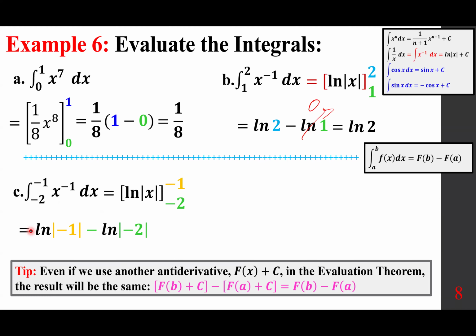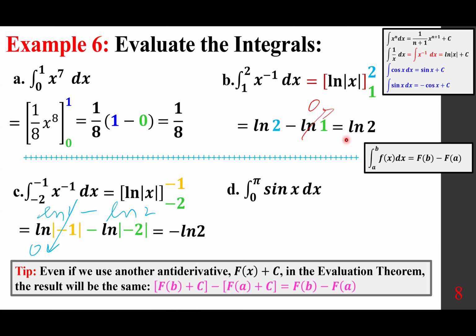The domain for basic natural log is from 0 to infinity. 0 is not included. So this one is ln1 minus ln2. And as you know, ln1 is 0, so minus ln2. And bear in mind, this one as well as this one, we are showing the exact answer, class, okay?